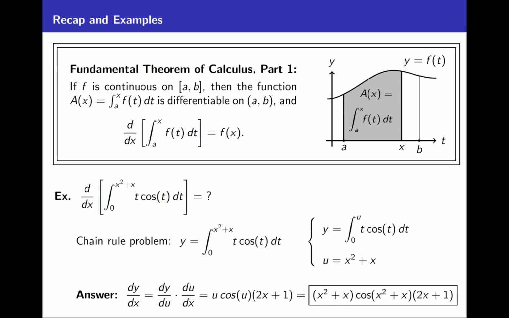So this is going to conclude our recap and examples of the two versions of the fundamental theorem of calculus. I want to emphasize that we started with the fundamental theorem of calculus part 1, and we looked at some examples, and then we moved on to problems involving part 1 where we are looking at derivatives of functions defined in terms of antiderivatives, or in terms of definite integrals.